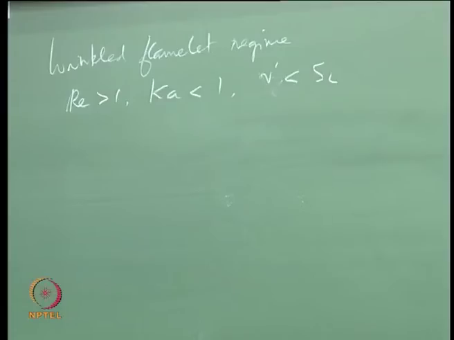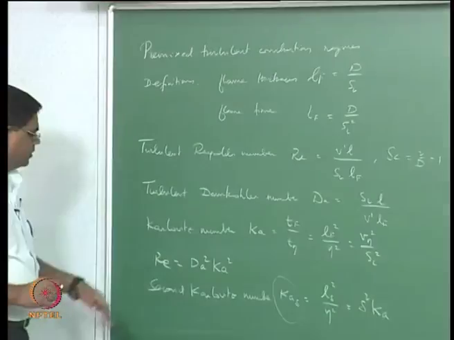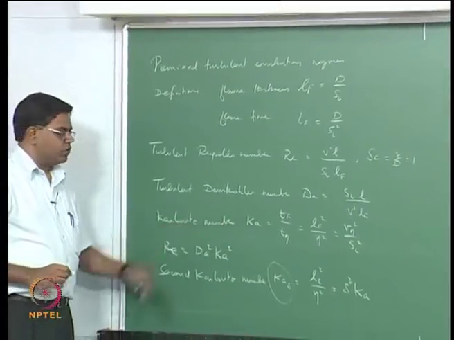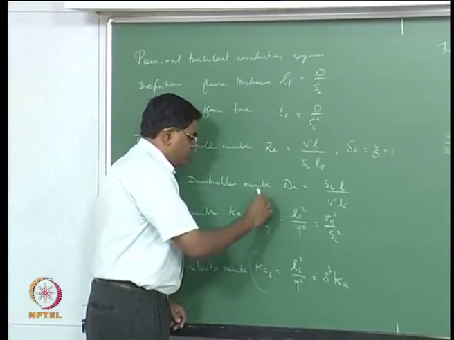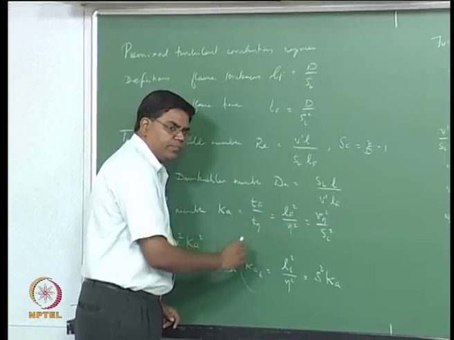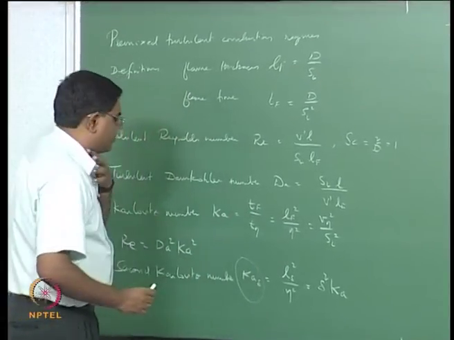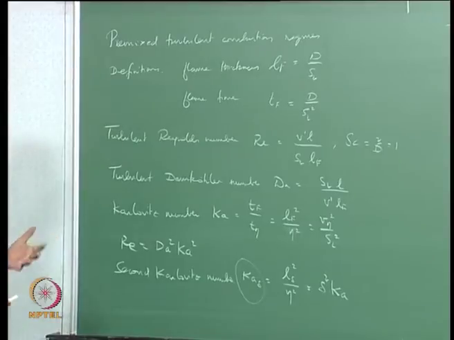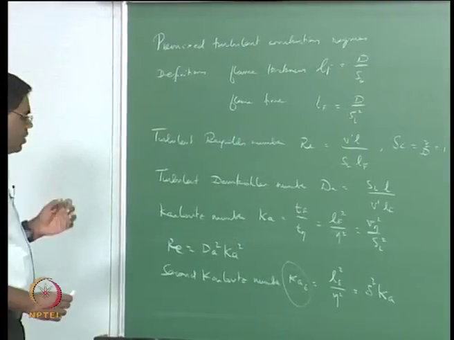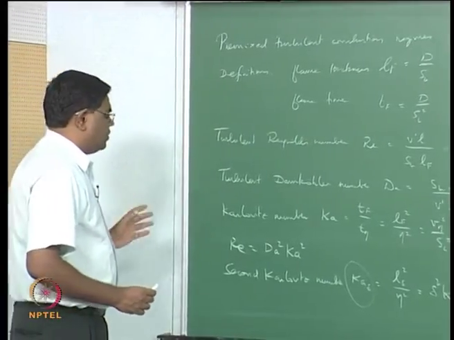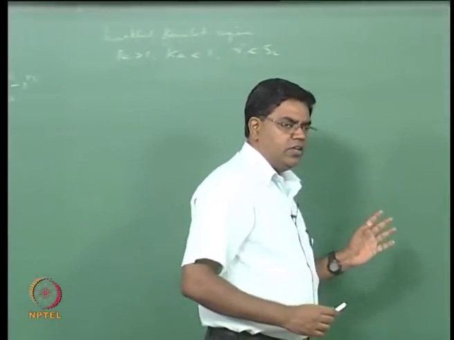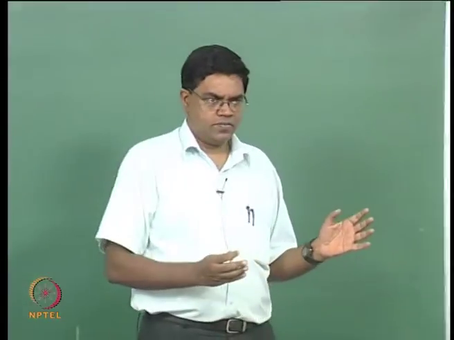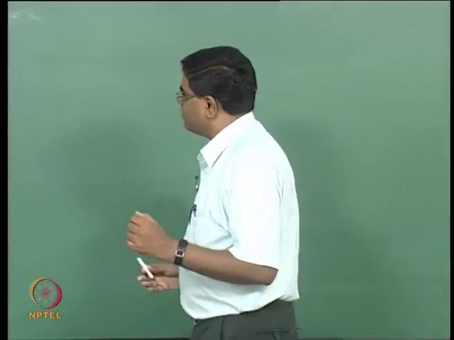When we say Ka is less than 1, look at what Ka is. Ka is essentially the flame time to the Kolmogorov time. So essentially it's comparing the flame scales with the Kolmogorov scales, which basically says we are still looking at the flame being significantly thinner than the turbulent scales. That's what it basically means.